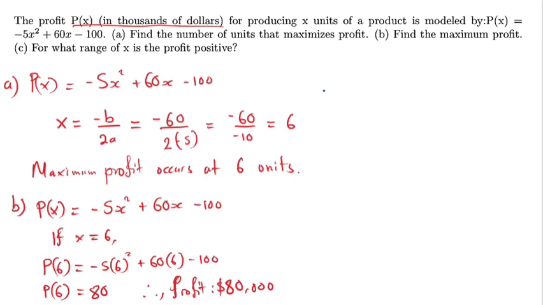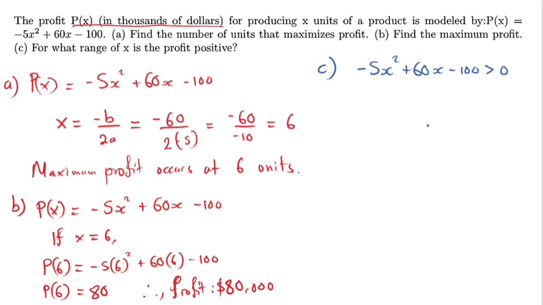Part C says, for what range is the profit positive? Remember the function given is minus 5x squared plus 60x minus 100. For this to be positive, it has to be greater than 0.